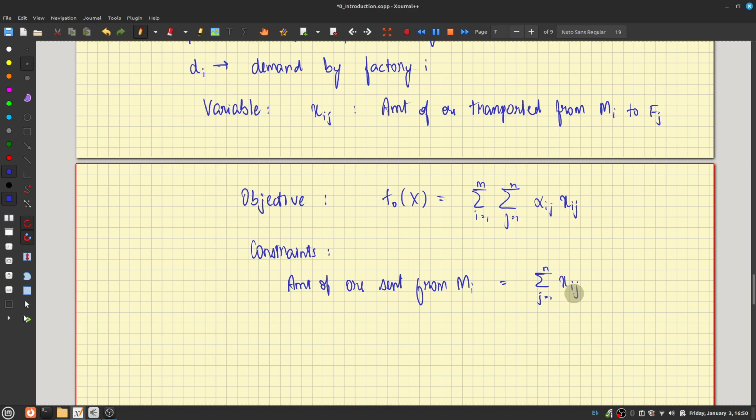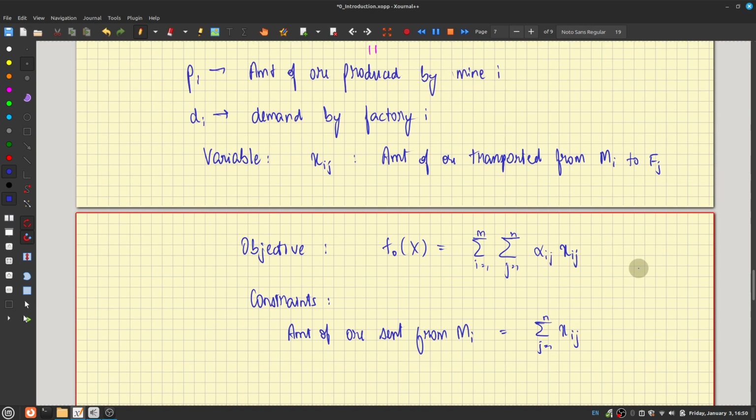And how large can this be? It has to be less than or equal to pi, because that is the total amount of ore being produced by the ith mine. You can't transport more than you produce, right? So this has to be less than or equal to pi for all i.